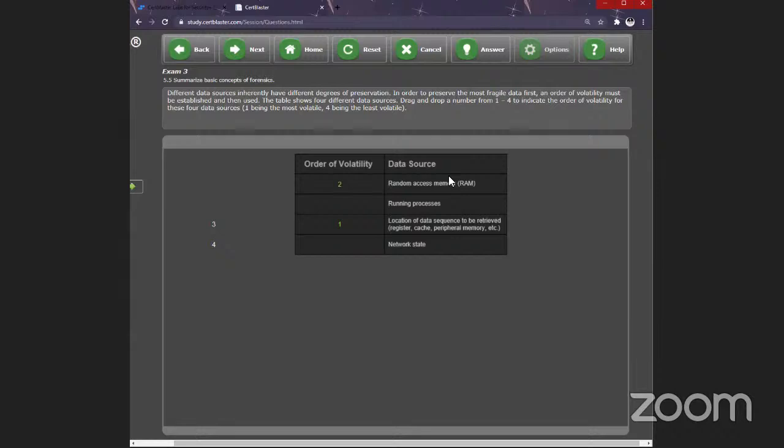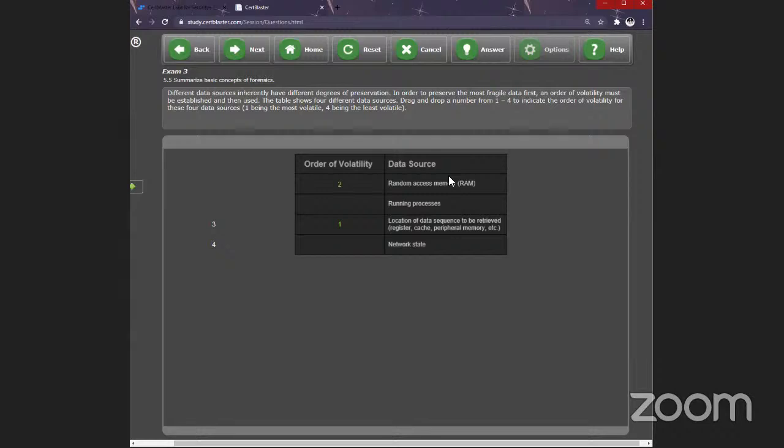Why running processes? I don't want to throw too many hypotheticals or scenarios because then we could overcomplicate the question. But if you're connected to the network and I disconnect you, your network state has changed. It doesn't necessarily stop the processes from running on the machine. We don't know if the processes are dependent upon the network.